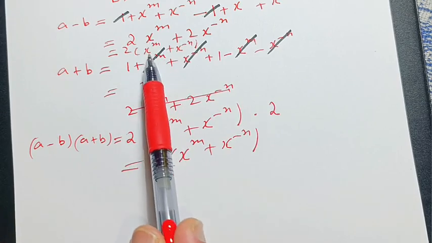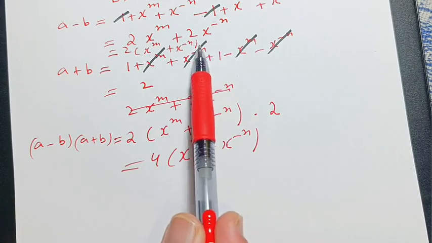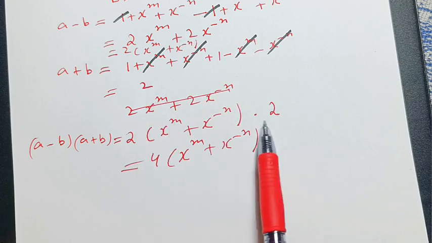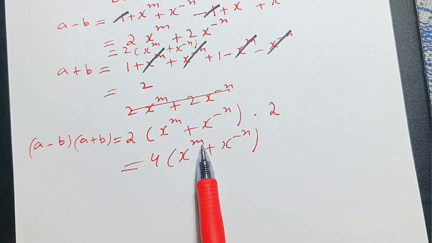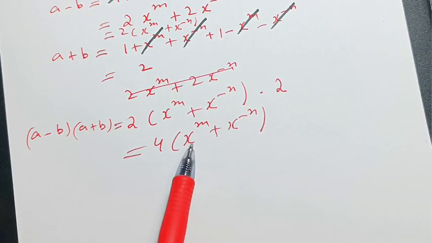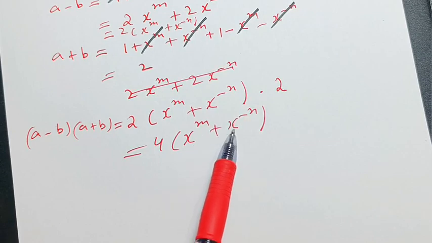Now according to the formula, we multiply both answers. So I take the common factor here, x power m plus x power negative n. This one I multiply with this one, and then it becomes 4 times (x power m plus x power negative n).